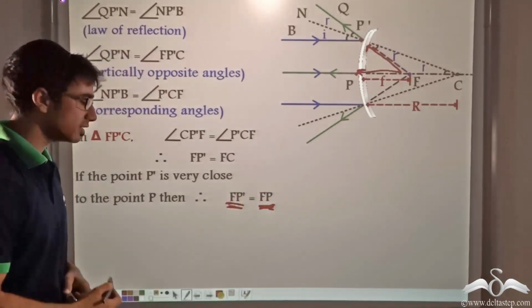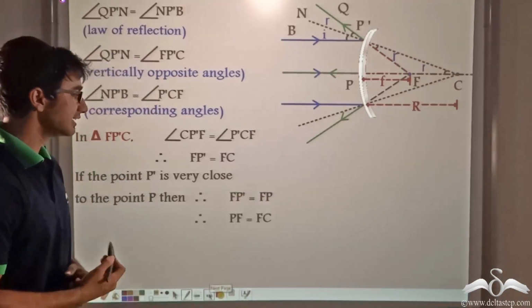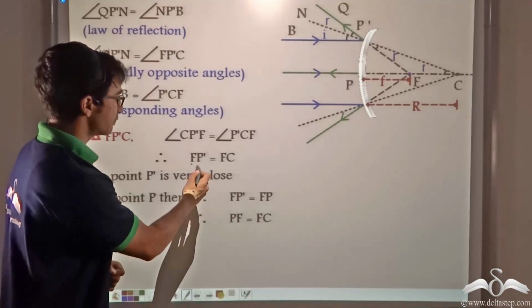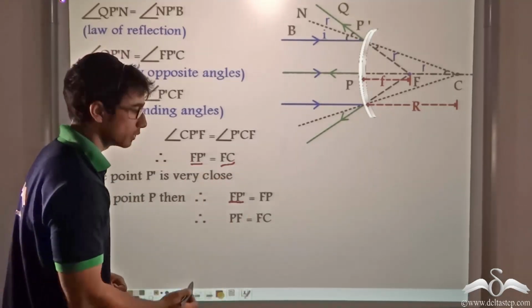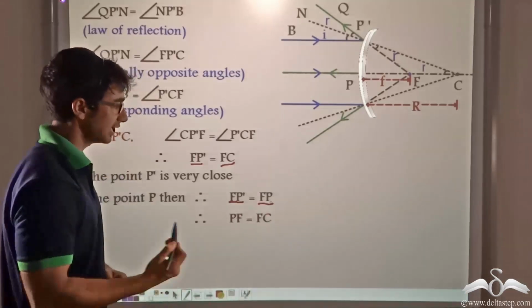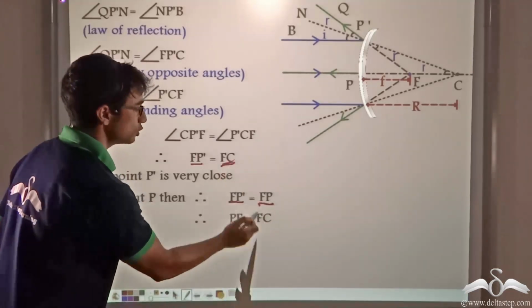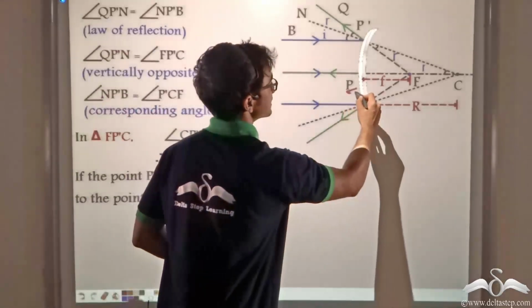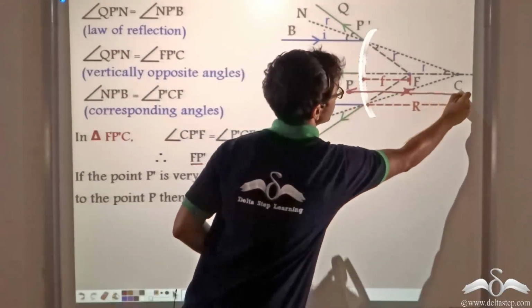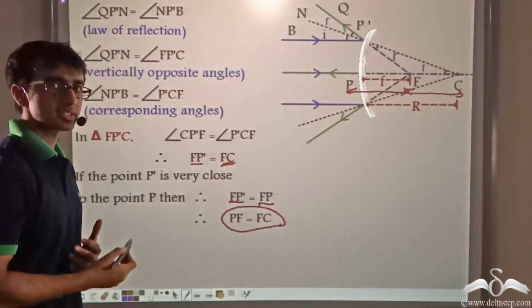So what does this mean? This means that since FP dash was equal to FC and FP dash is equal to FP, thus FP is equal to FC. That means this length is equal to this length.